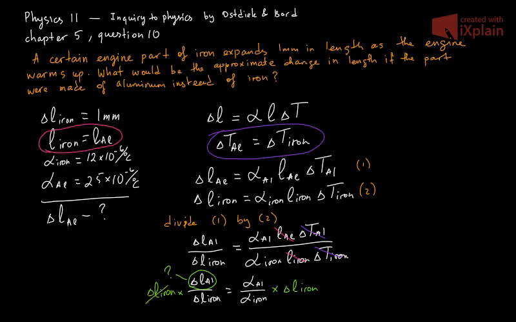So this will cancel out, and then I will end up having delta L aluminum equals alpha aluminum divided by alpha iron times delta L of iron.